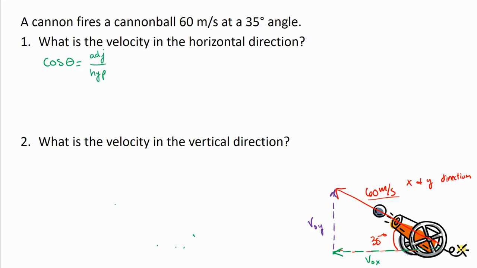So if we remember that cosine of theta is equal to adjacent over hypotenuse. Okay, so for us, that means that cosine of 35 degrees is equal to adjacent, which is the V naught x that we're looking for, over the hypotenuse, which is 60. So we're solving for V naught x, so we just multiply both sides by 60. You're going to get that V naught x is equal to 60 cosine 35.